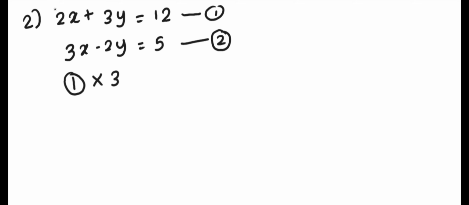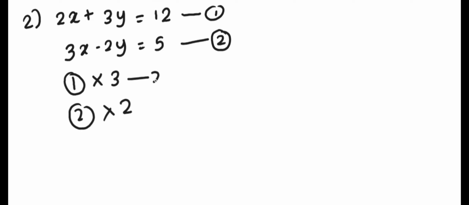So you can see this gets 6x, and I have to do something to the second equation also. So I'm going to multiply the second equation by the first equation's coefficient of x. What is it? It is 2. First equation multiplied by 3. Second equation multiplied by 2.